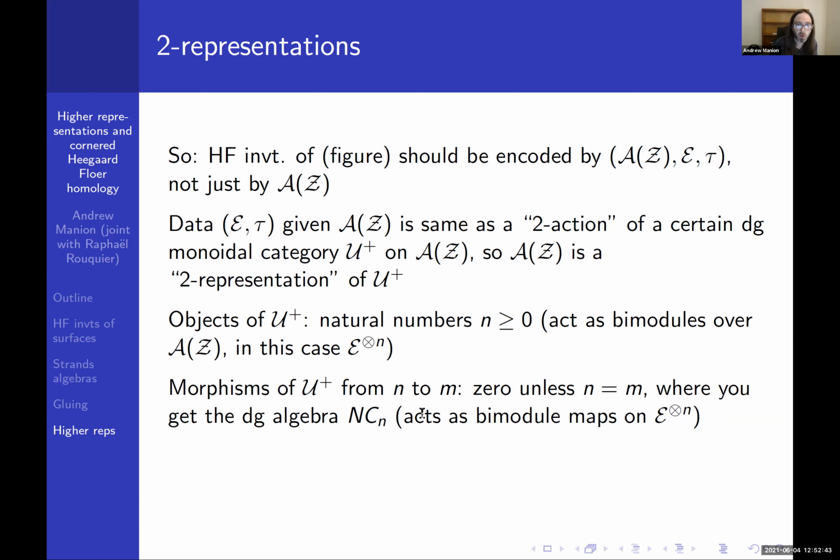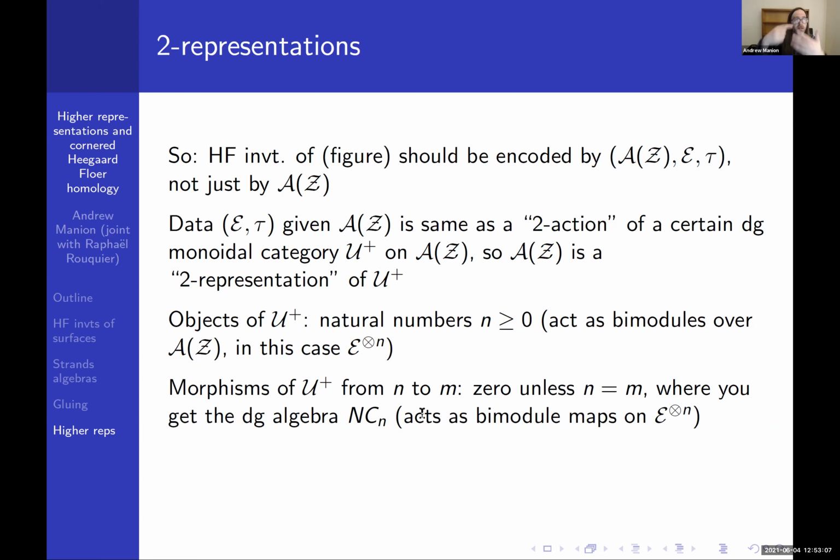If I have a 2-action of this on some DG algebra, what that means is that all of these Nilcoxeter elements are going to act as endomorphisms of the bimodules. If I have something in NC of n, that will act as a bimodule map on E tensor n. So having this data is what we have. We have these bimodules for every K.